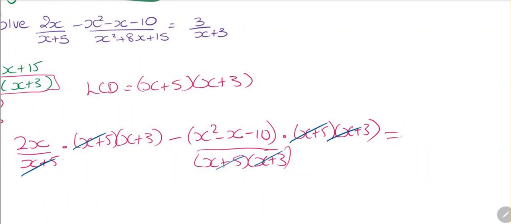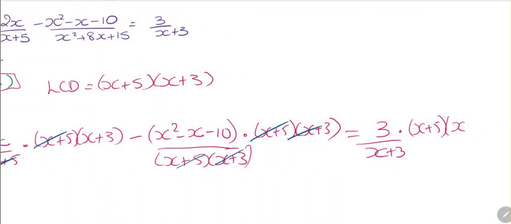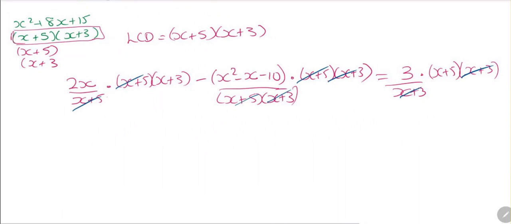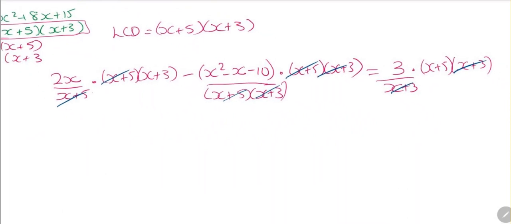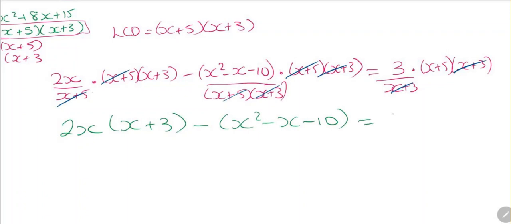And then this is equal to 3 over x plus 3. So if we multiply this by x plus 5 and x plus 3, again, this will simplify. So we need to rearrange this now. So we have 2x times x plus 3 minus x squared minus x minus 10 is equal to 3 times x plus 5.